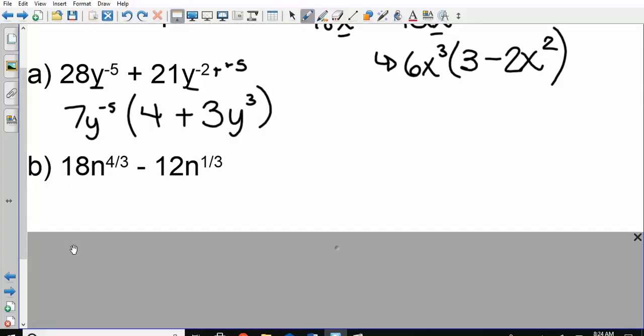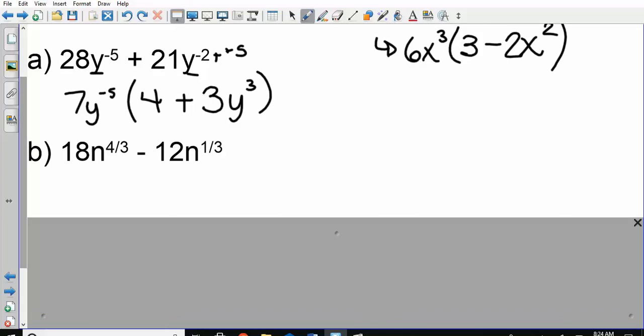Look at this one. So if I want to factor here, apparently I like 18 and 12.